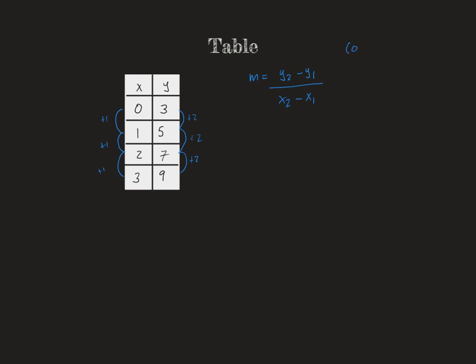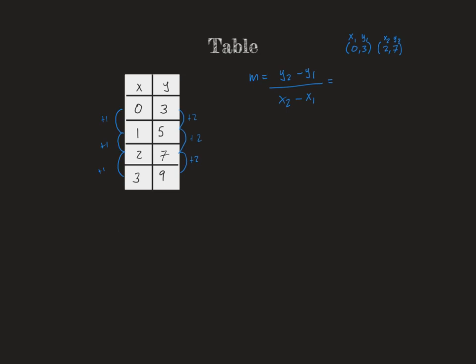So I'm going to use 0, 3, and then the next point is going to be 2, 7. Keep in mind that we're going to put them in order, so x1, y1, x2, y2, and then I'm going to plug in the numbers.